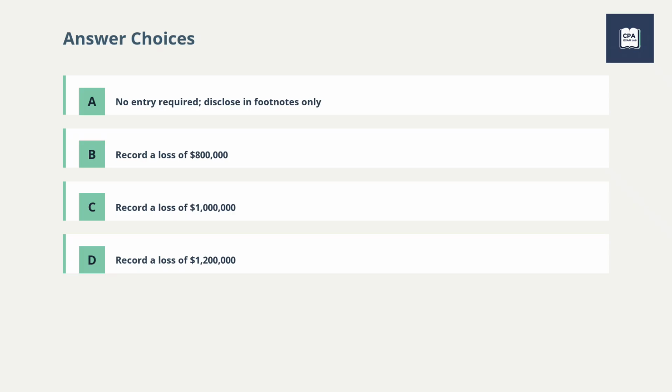The attorney said it was between 800,000 and 1.2 million, and this question gives you all three examples. Which amount do we choose? We choose the lower amount here. We have a range, so the answer is going to be B. We are going to record a loss of $800,000.